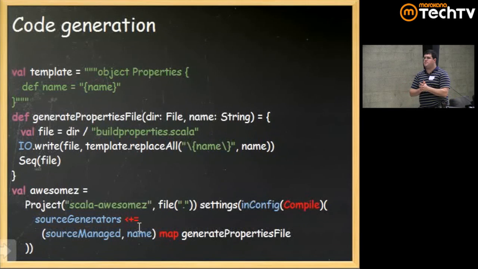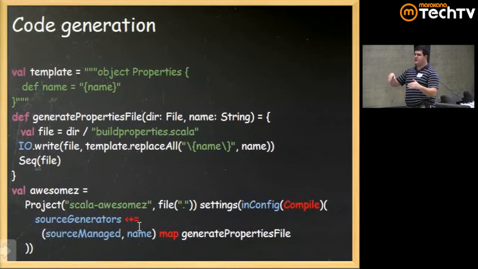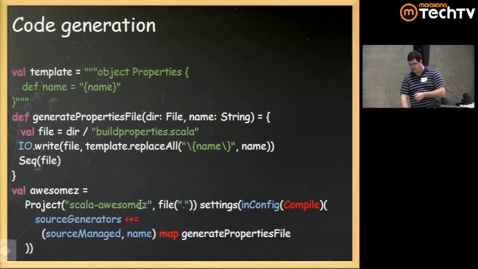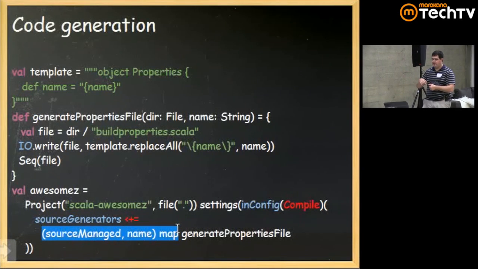Source generators in SBT are automatically run before Scala compilation. So if I need to do any sort of code generation, I can attach a new source generator by taking my dependencies here, using my applicative map call, because this is a task, and passing the values of those settings into this method. So this is all just Scala code.